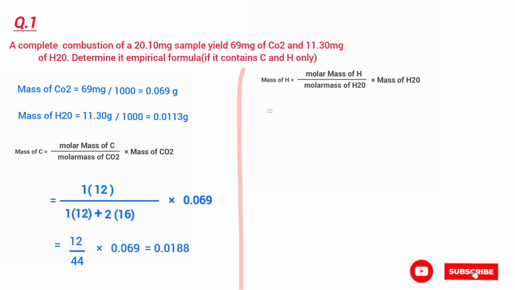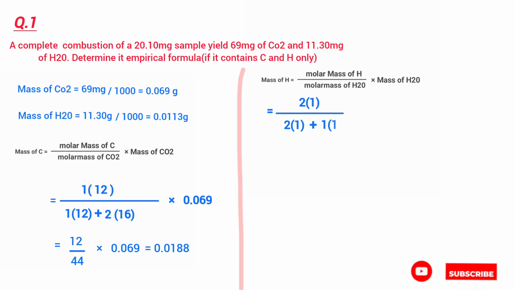In H2O, there are two atoms of hydrogen and the atomic mass of hydrogen is 1. So the molar mass of hydrogen in H2O is 2 times 1. Now, for the molar mass of H2O, in H2O, there are two atoms of hydrogen and the atomic mass of hydrogen is 1. So this is 2 times 1. For oxygen, there is one atom of oxygen in H2O and oxygen has an atomic mass of 16.